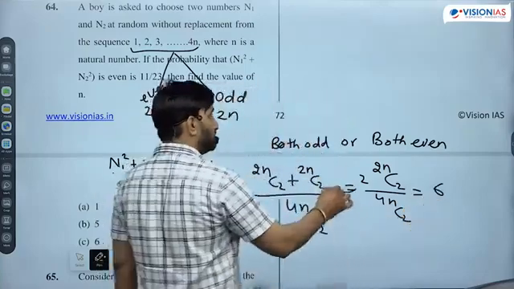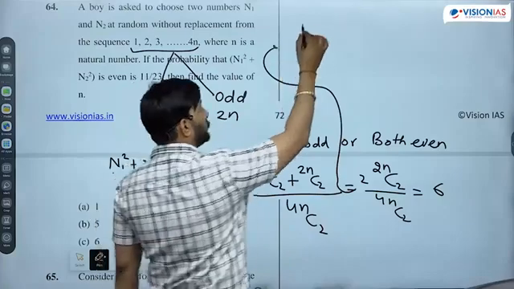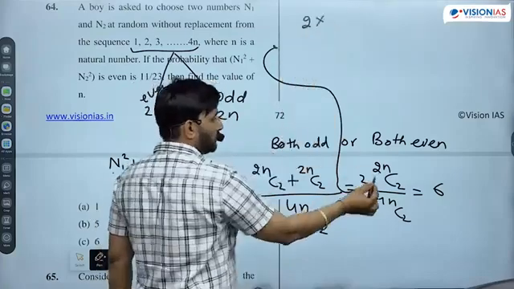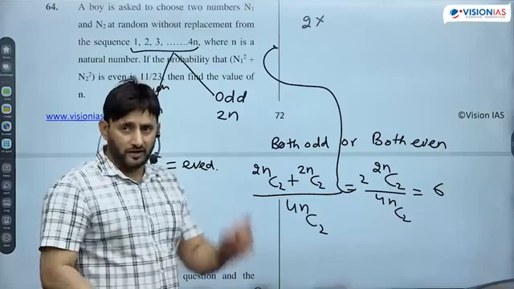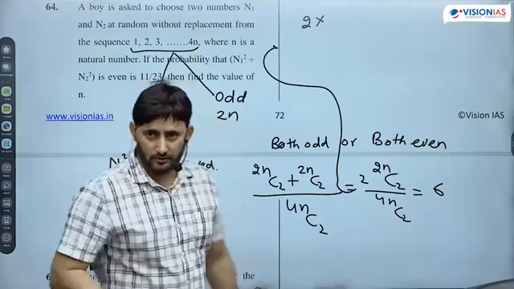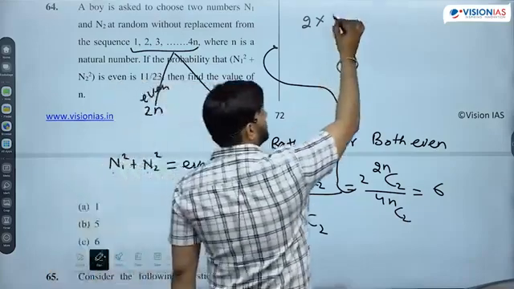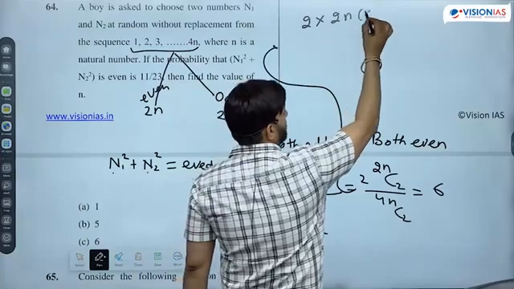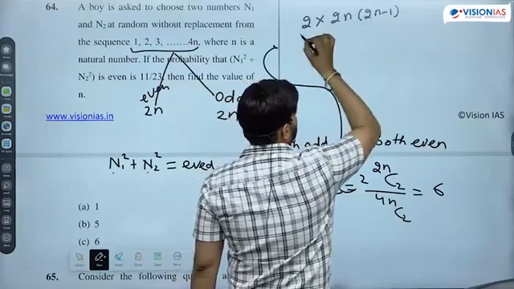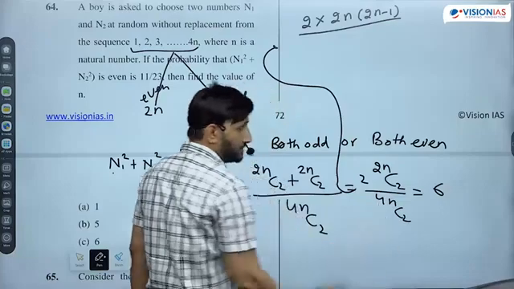इसको मैं ऊपर लिख दूं. 2 times 2n C2 कैसे लिखोगे? You will write the bigger two numbers, largest two numbers. सबसे बड़ा नंबर होगा 2n, next number will be 2n minus 1 divided by 4n C2.